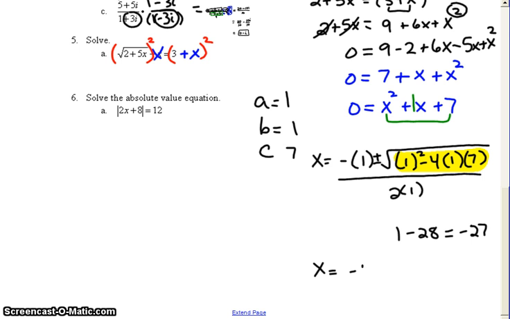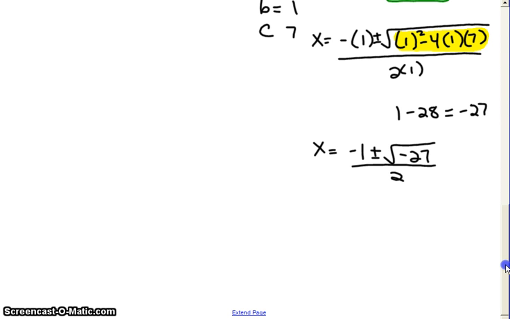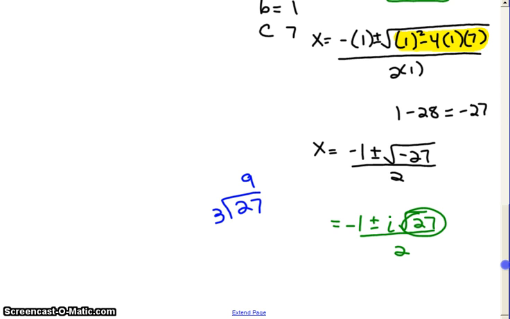So x equals negative 1 plus or minus the square root of negative 27, divided by 2. Which is equal to negative 1 plus or minus i square root 27, divided by 2. I need to double check this here to see if it will reduce. 27 divided by 3 is 9, and 9 is a square.